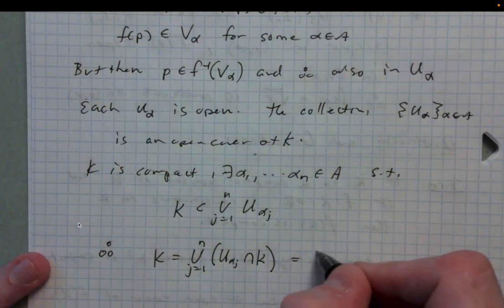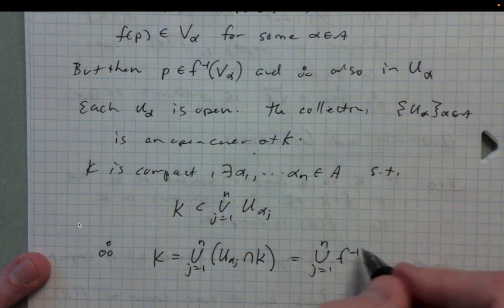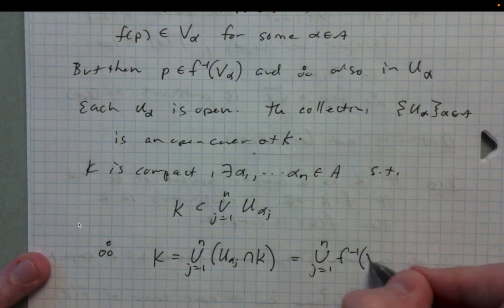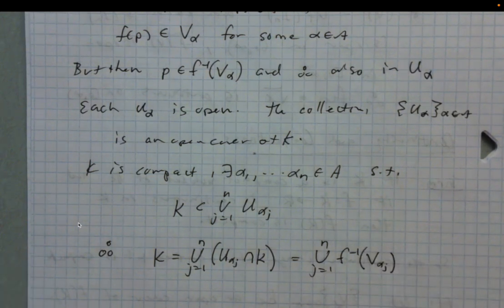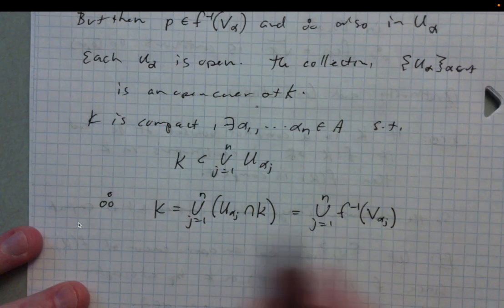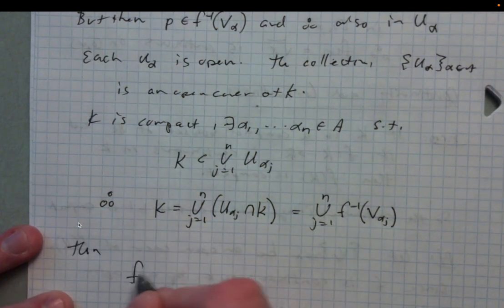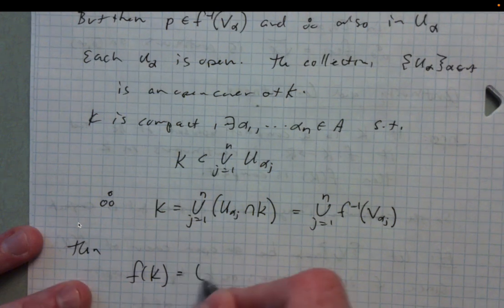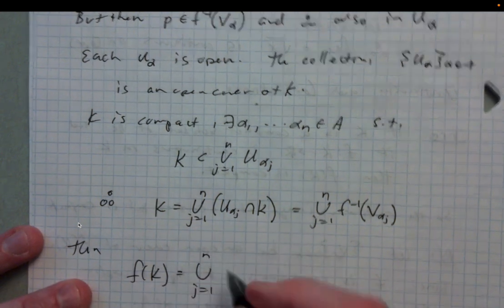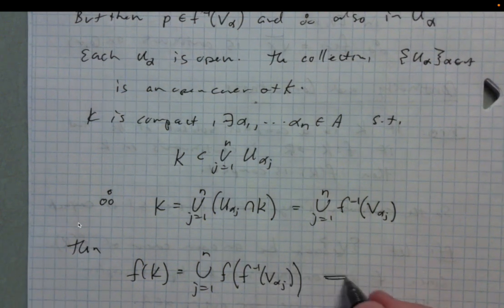Well, this is just equal to the union, j equals 1 to n, of f inverse of V alpha j. And of course, we can just evaluate both of these sets, and so we get that f of K is equal to the union, j equals 1 to n, of f inverse V alpha j. Okay.